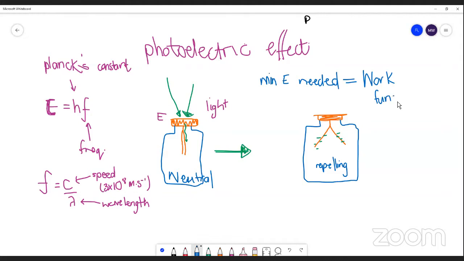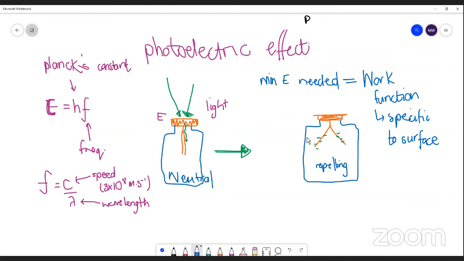And this is specific for every type of metal. Every type of metal has its own amount, or every type of element for that matter. So specific to the surface. So some metals will have different values than others.